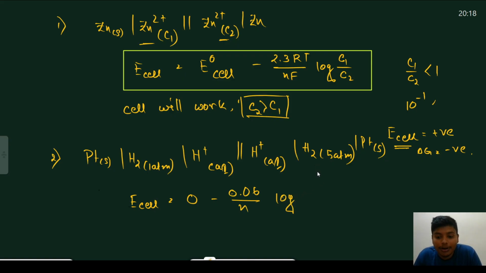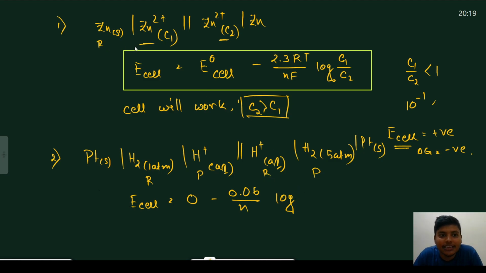Now tell me, what will it be, 5 by 1 or 1 by 5? Absolutely wrong answer. What I told, this is reactant, this is product, yes or no?